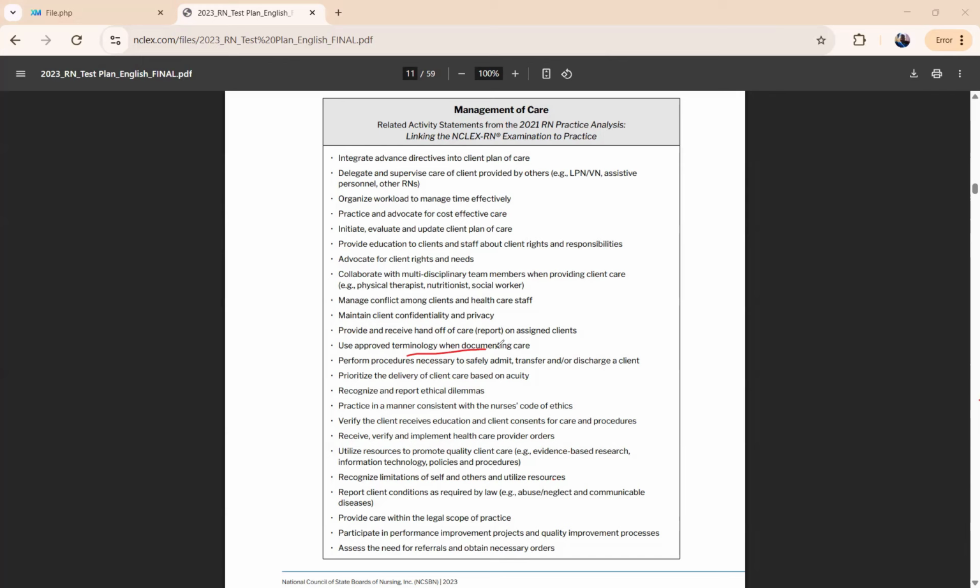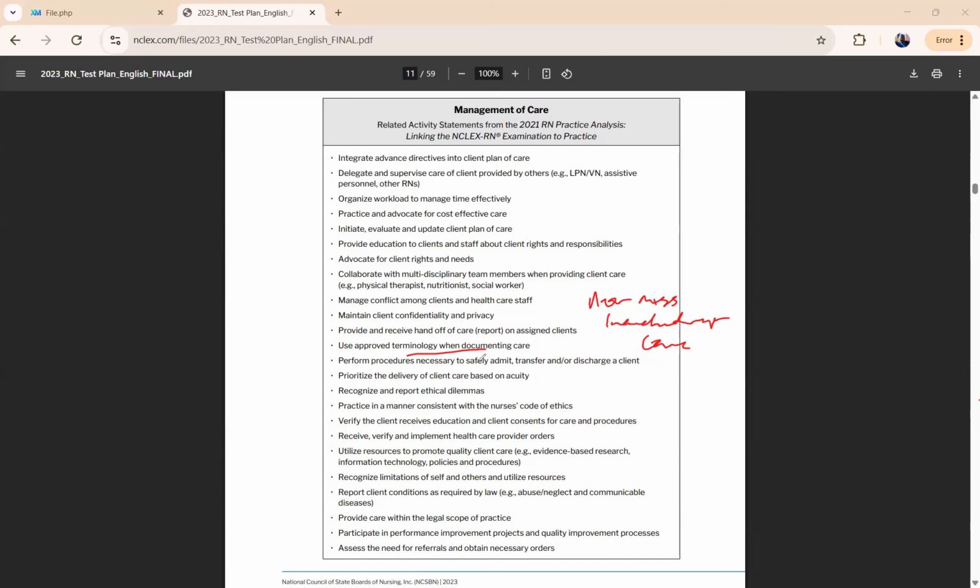NCLEX also likes documentation, such as filling incident reports, participating in near miss, and documenting care. They are big things for the NCLEX. NCLEX can throw anything in regards to that. So that is that for that.